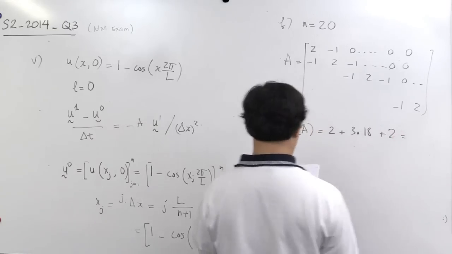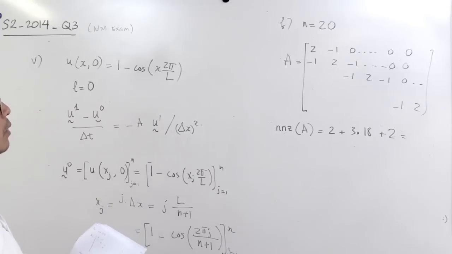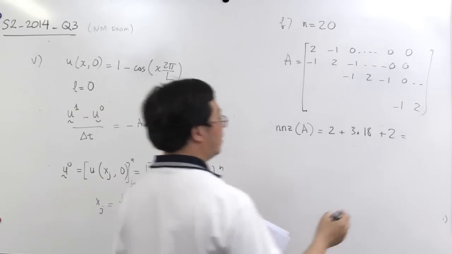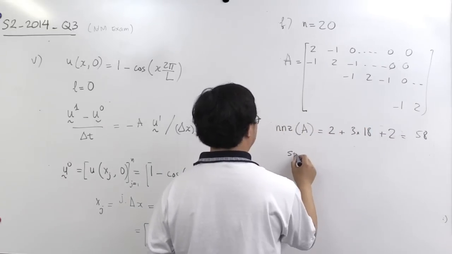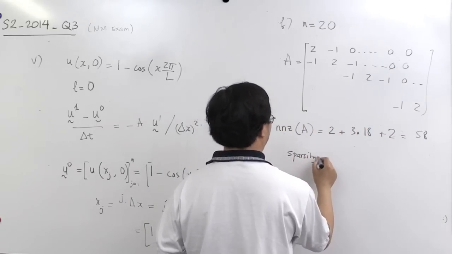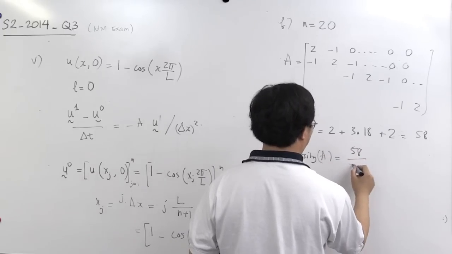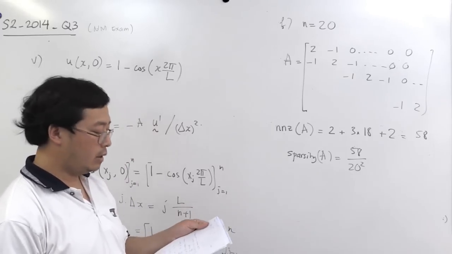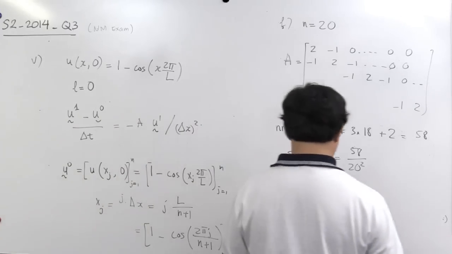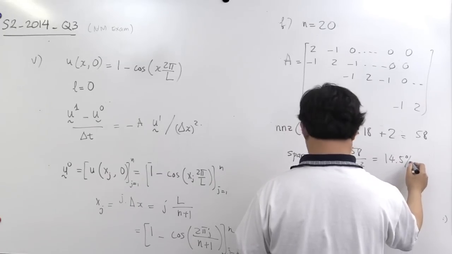So I have a total of 58 non-zero elements. And the sparsity of A is just 58 divided by 20 squared, because the size of the matrix is 20 squared. That gives you 14.5%.